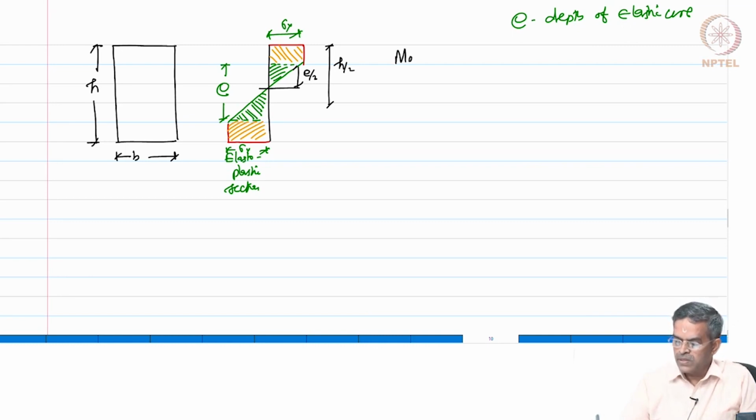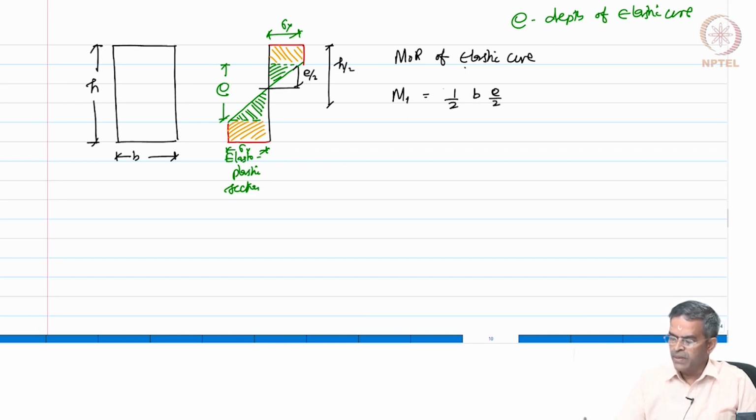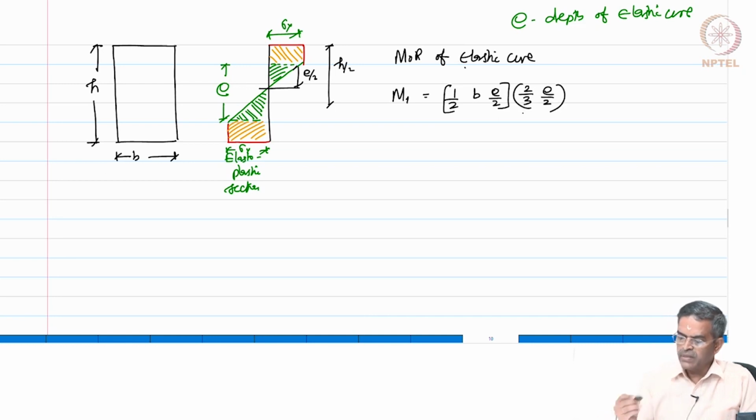Let us find out the moment of resistance of elastic part or elastic core at any cross section. How do you get that? Let us say that is M1, which will be the area of a triangle. So, half base, height is E by 2 and the CG of that is going to be 2/3 E by 2. Am I right? It is a triangle, no?